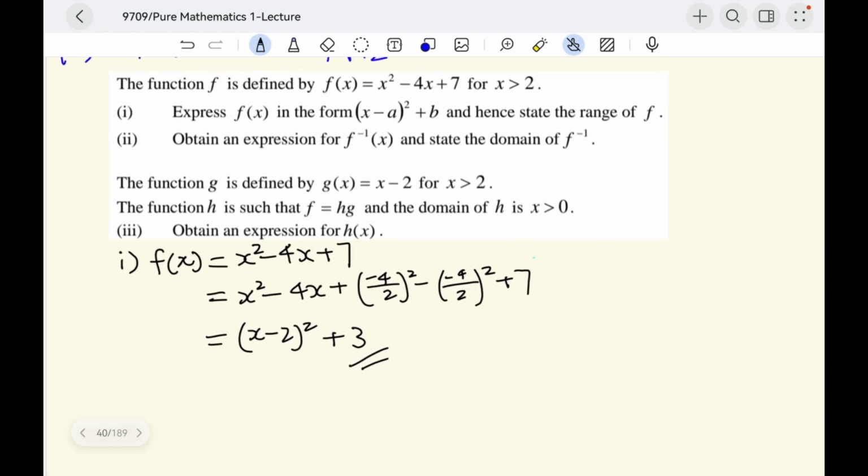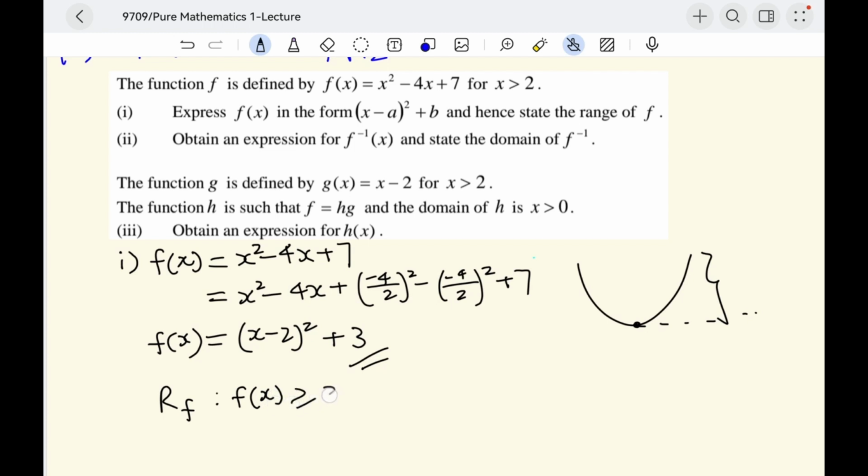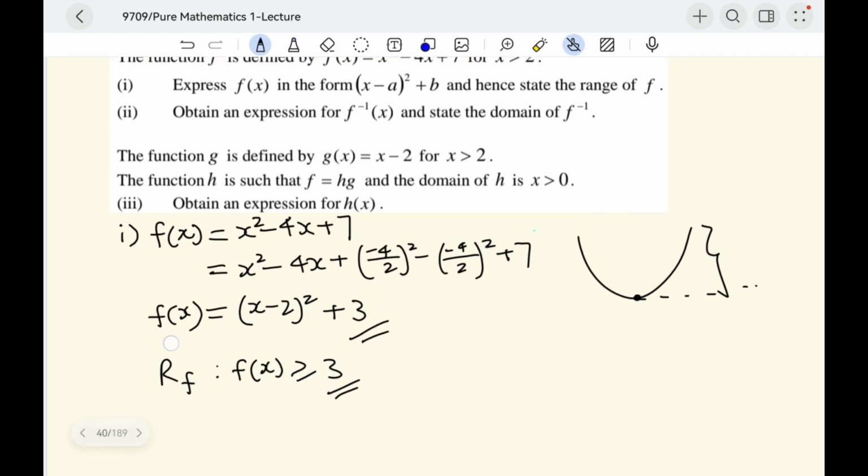So here is f(x) in the vertex form and hence state the range of the f. Since the coefficient is positive, the smiley face parabola curve has a minimum point, so the range must be greater than or equal to the y coordinate of this minimum point. So you can write the range of the function f(x) is greater than or equal to 3. That's all.